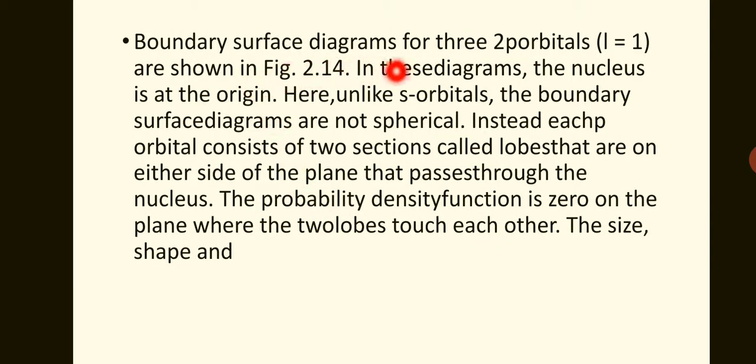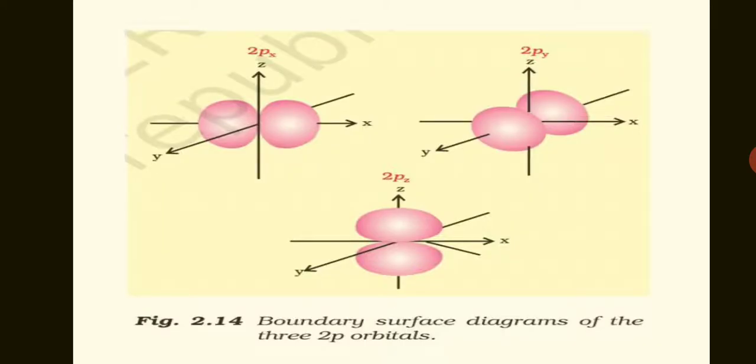Now the boundary surface for the 2p orbital: for 2p orbitals l is equal to 1. What is l? Azimuthal quantum number. As shown in figure 2.14, for this the principal quantum number n is 2, and for p orbital l is 1.